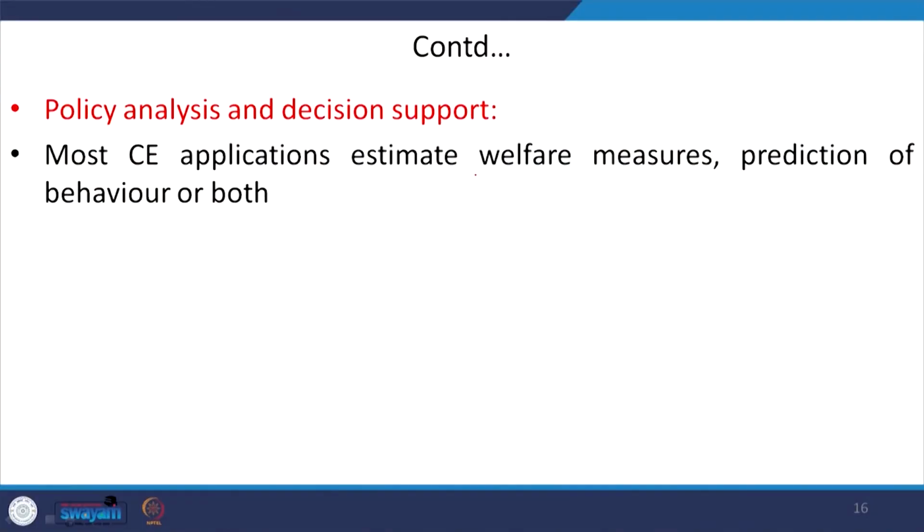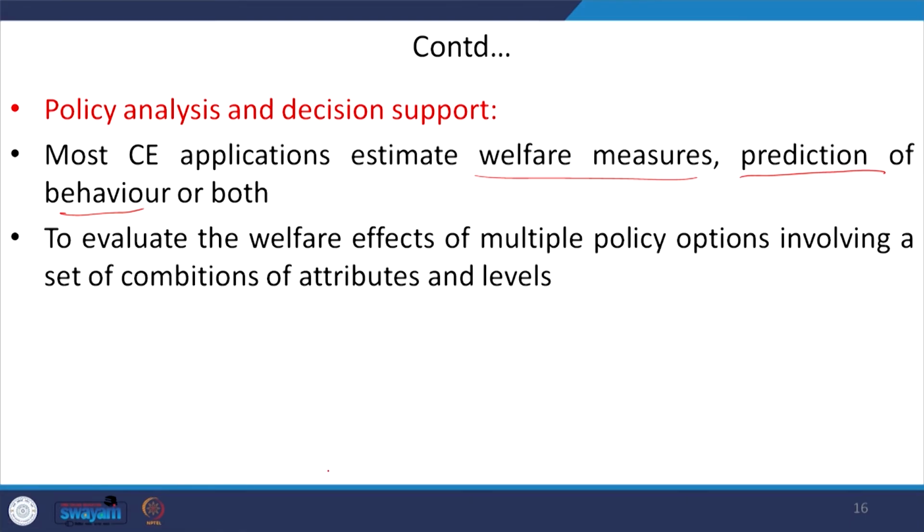And most of these choice experiment applications estimate the welfare measures, right, how individuals are better off or worse off in case of a policy change. They also estimate predictions of behavior, how behavior changes in case of a policy change, or even both the welfare measures as well as the prediction of behavior.